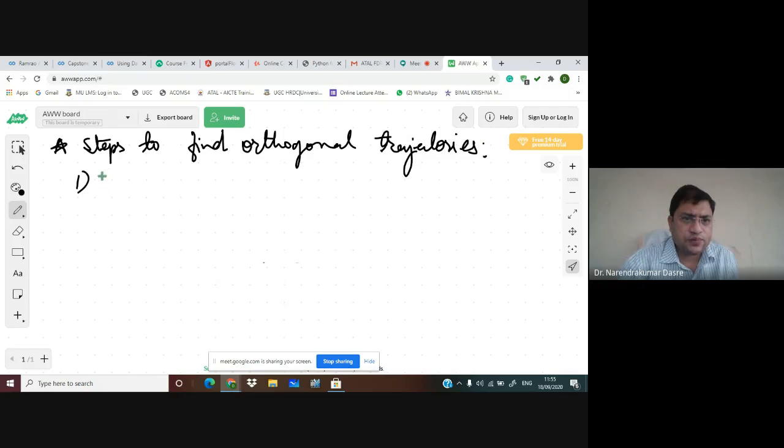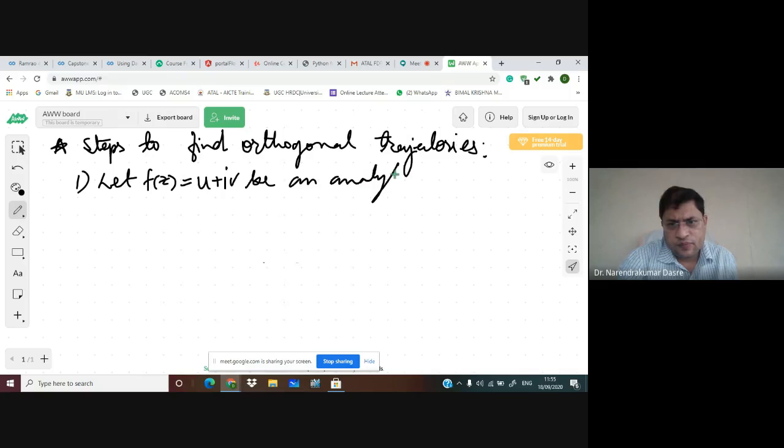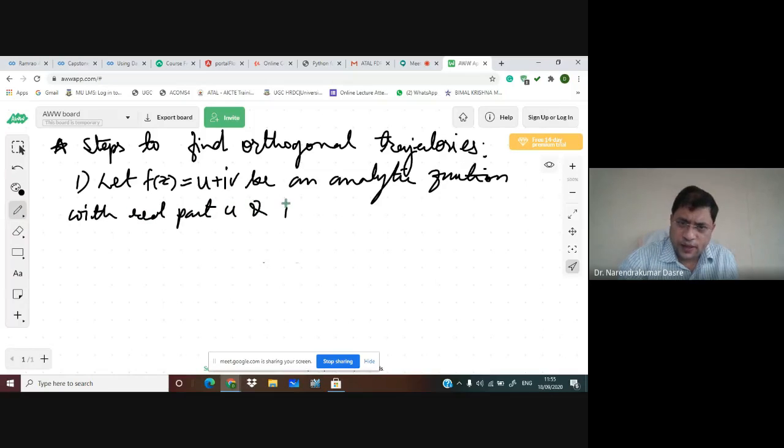The first step we have to consider: f of z is equal to u plus iv, an analytic function with the given real part u or imaginary part v.